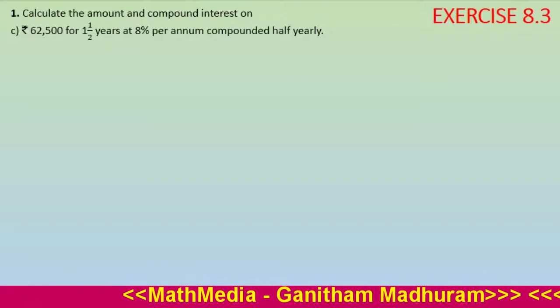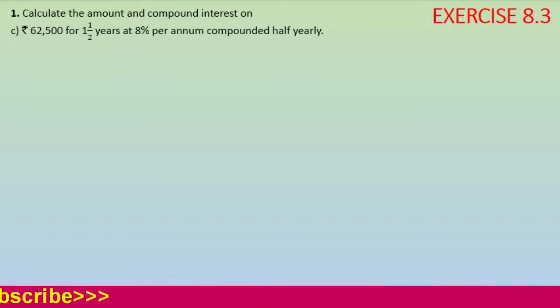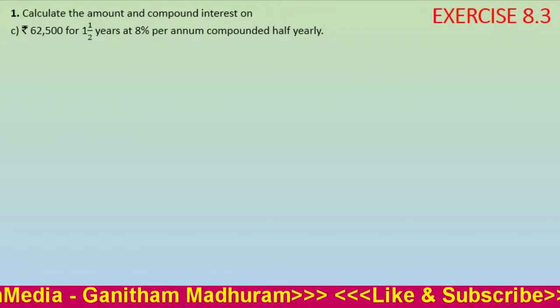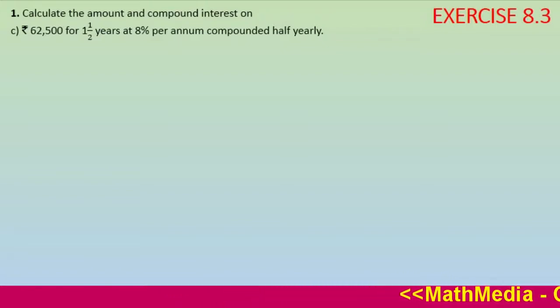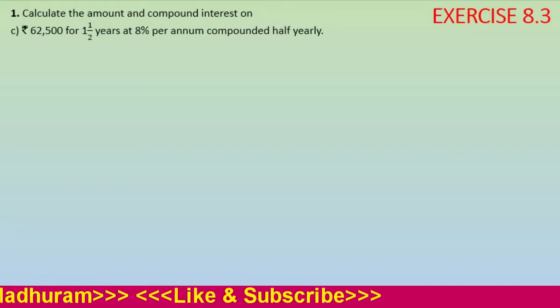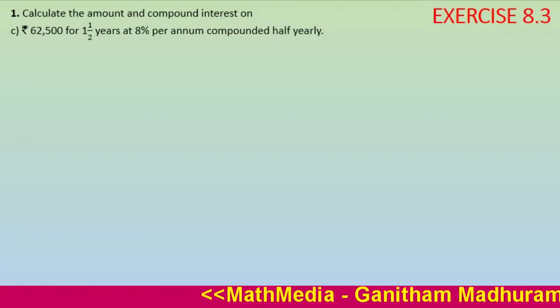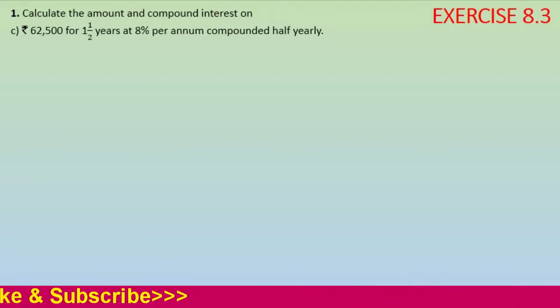So children, how to solve this sum? First of all, we have to write what is given in the question. It is given that rupees 62,500 for 1.5 years. That means our principal P equal to rupees 62,500 and the time n equal to 1.5 years.